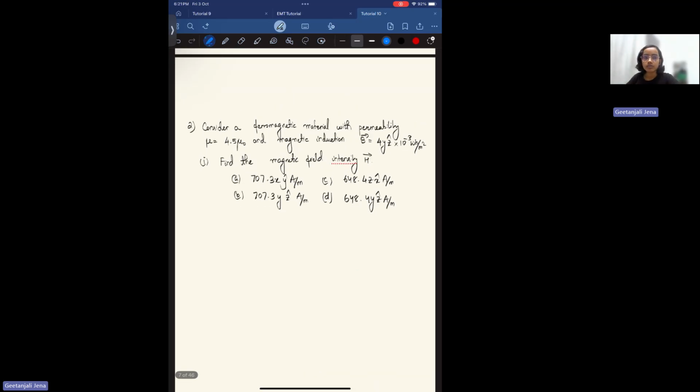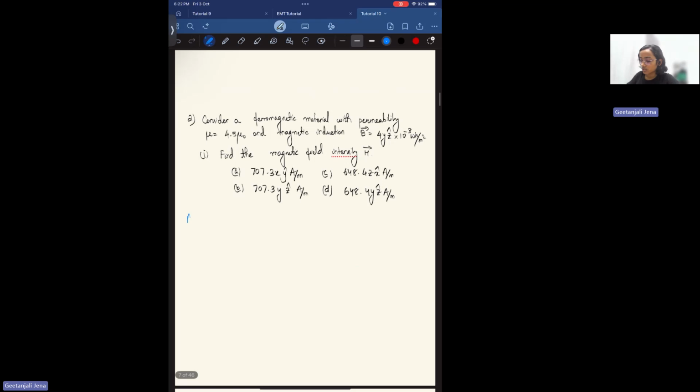For the second problem, we consider a ferromagnetic material with permeability mu is 4.5 mu naught. Magnetic induction is B, which is 4yz k-hat into 10 to the minus 3 Weber per meter square.